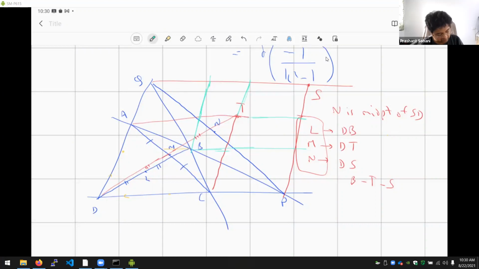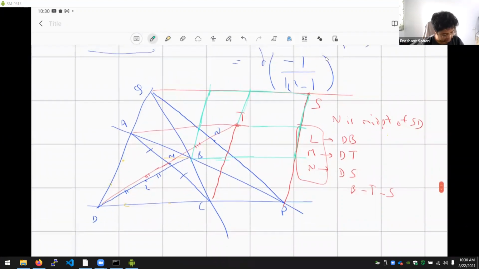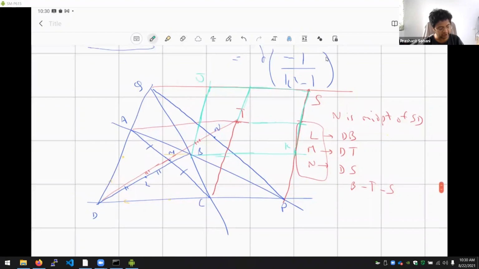Okay, so let us look at this light blue parallelogram which I drew just now. And we can label its points with some variables which are not used so far, K and L. Well, I used J and K already. Okay, so look at this parallelogram BKSJ.